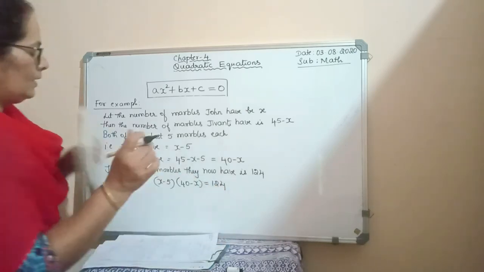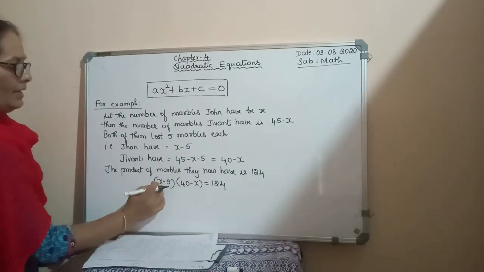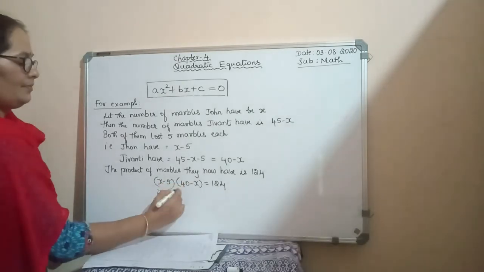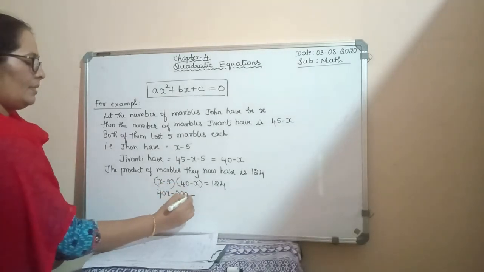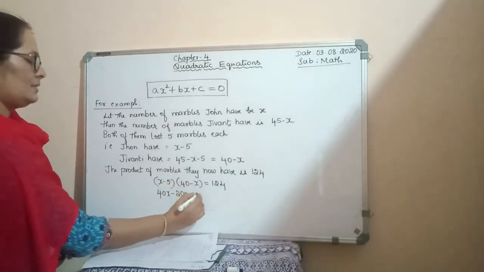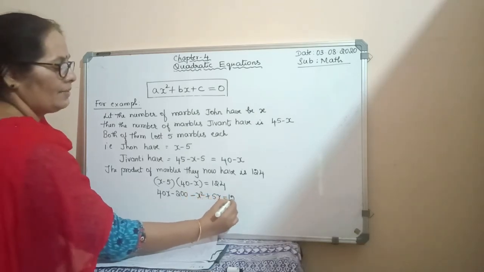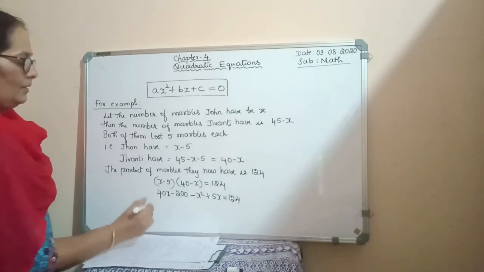Now multiply: 40 into x is 40x, minus 5 into 40 is minus 200, minus x into x is minus x square, plus 5x equals 124.